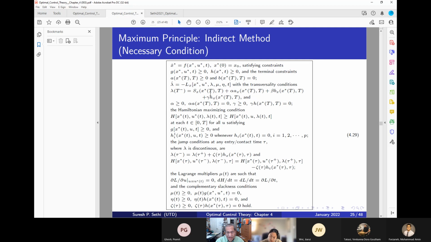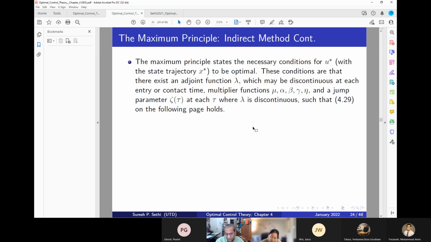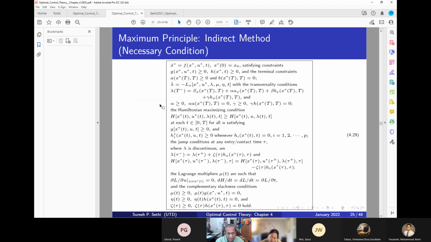So now we have a direct maximum principle and an indirect maximum principle. We now have a Hamiltonian. The Lagrangian now is eta times h1. And so we can just go through very quickly. The stars are all the values along the optimal path.